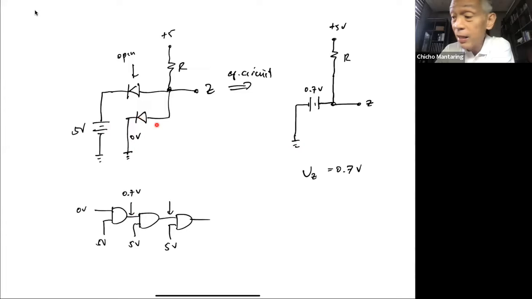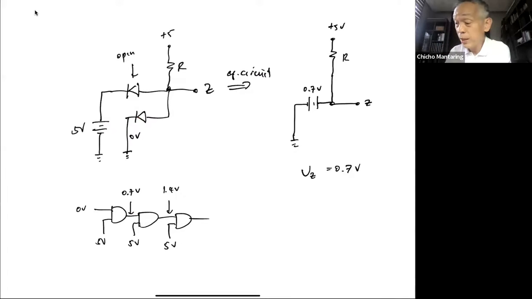And then add this 0.7, this is going to be now 1.4 volts. And then this is now going to be another 0.7, 2.1 volts.